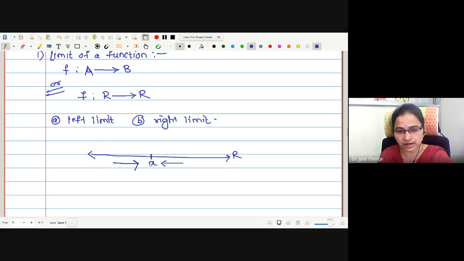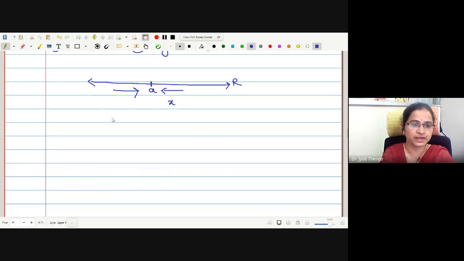Therefore, on the real line, there are two ways to approach the point A. The first way we call from the right, the second way from the left. Therefore there are two types of limits. Correct? Suppose we want to define the limit of a function here at point A.